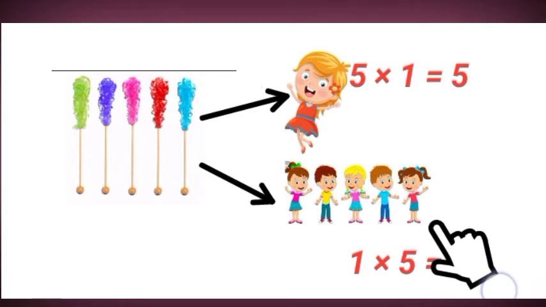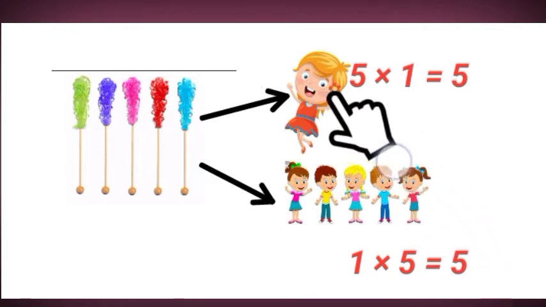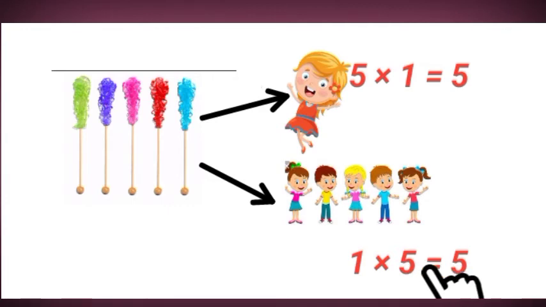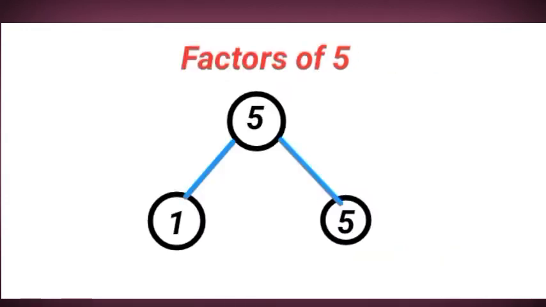We can't share to 3 children. We can't share to 4 children also. It can be shared only by 1 child or the same number of children as candies. So 5 children. Okay. So the factors of 5 are 1 and the same number 5 alone.